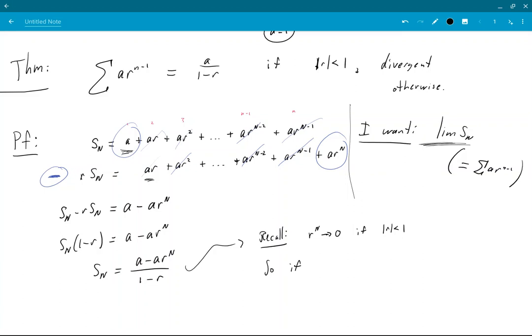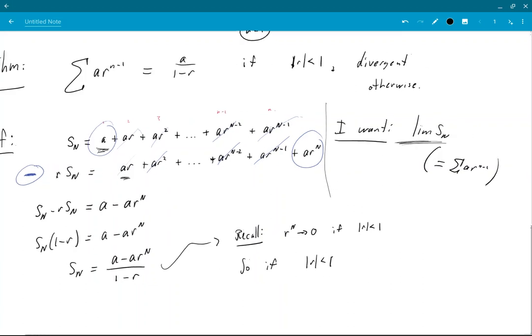So if the absolute value of r is less than 1, lim Sn is equal to (a minus 0) over (1 minus r), which is a over (1 minus r). So the summation of ar^(n-1) is equal to a over (1 minus r).